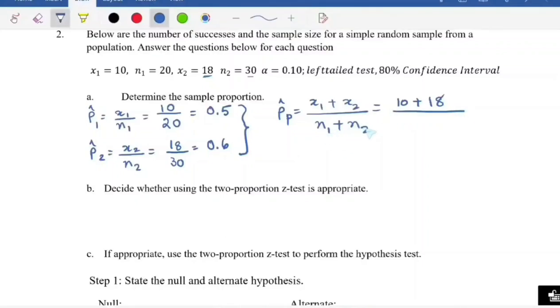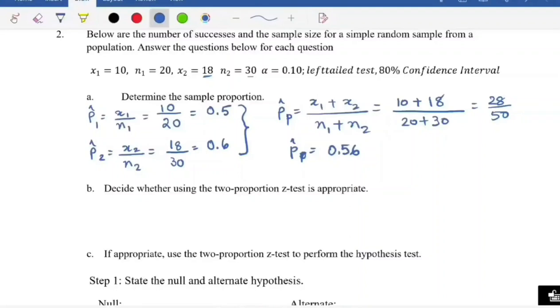And then n sub 1 plus n sub 2 is 20 plus 30, so that would be 50. So it's going to be 28 divided by 50, which would give us a p hat sub p value of 0.56. Now this pooled proportion is going to be used in the denominator of the z statistic formula.